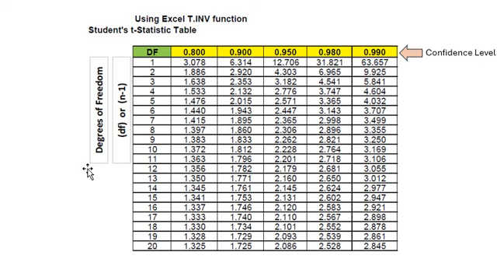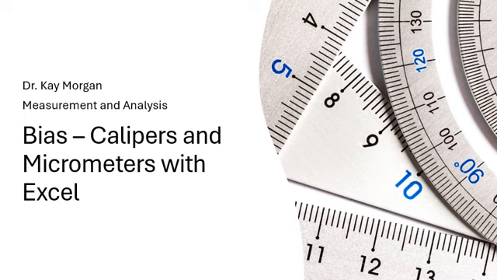Okay, so this is the very first video of your lecture for lab 4, and it should be good for you to be able to calculate everything that you need to know for your lab 4. Calipers and micrometers we have already gone over in the past 2 weeks, and you can review the past lectures if you need to.